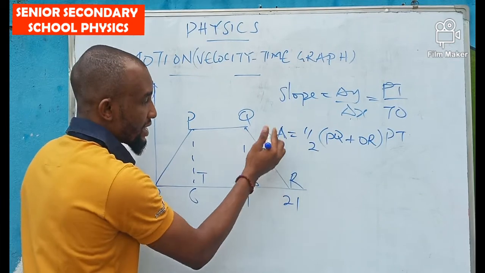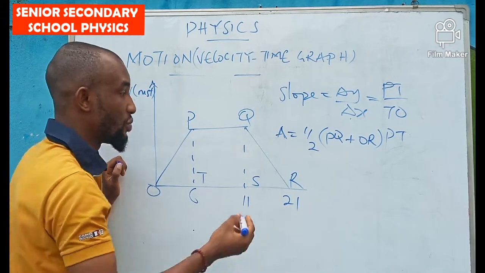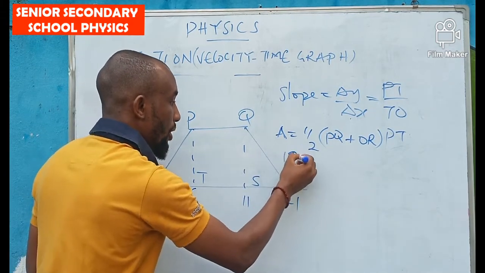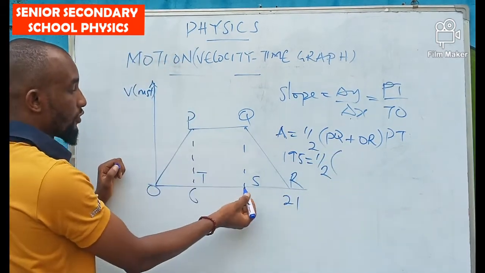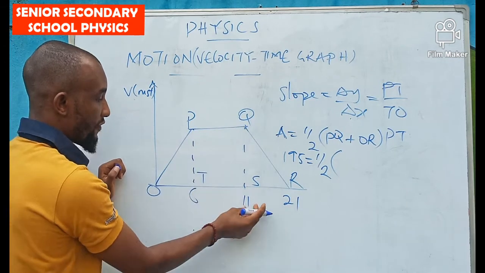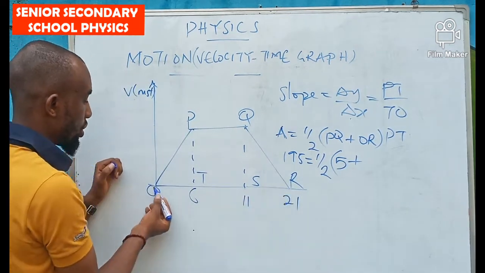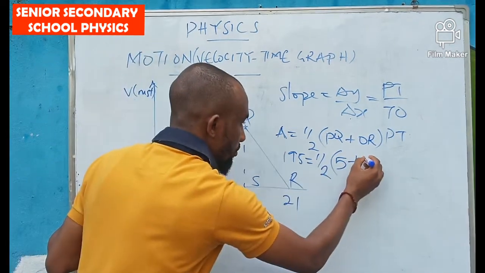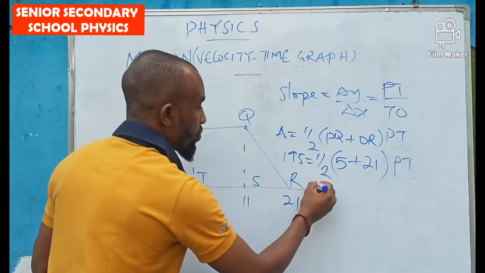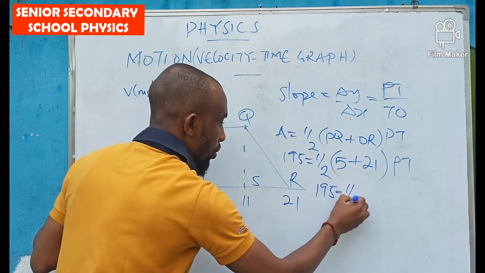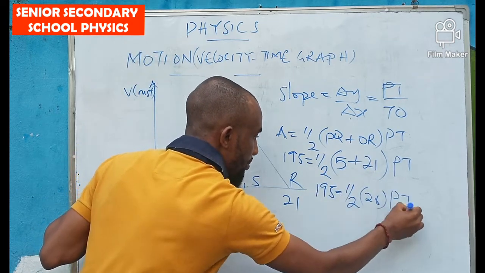Now, the area we are going to substitute with the total distance, which has been given as 195, which will be equal to half in brackets, PQ, which is 11 minus 6, that will give us 5, plus OR, which is 21, then multiply by PT. So 195 is equal to half in brackets 5 plus 21, which gives 26, multiplied by PT.